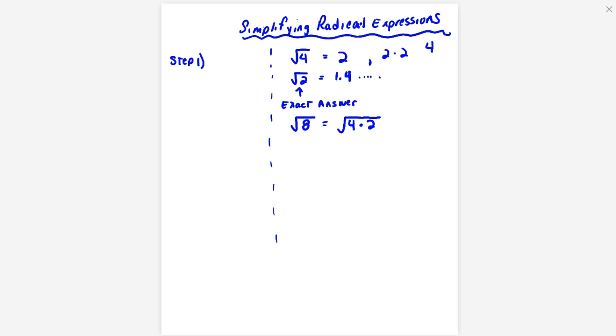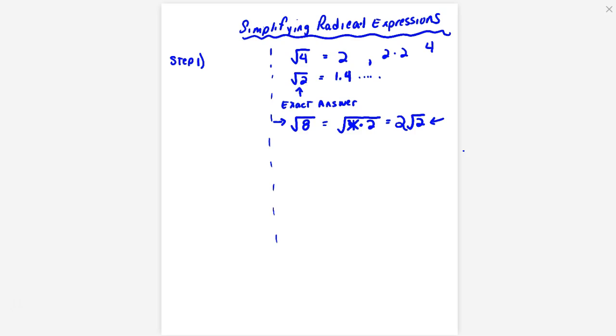So the square root of 4 times 2 is equal to the square root of 4, which actually has a square root. That's 2, so we bring it out on the outside. Then we just have 2 times the square root of 2. So instead of writing the square root of 8, reducing and simplifying it would make it 2 times the square root of 2.